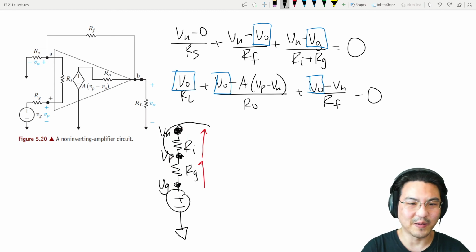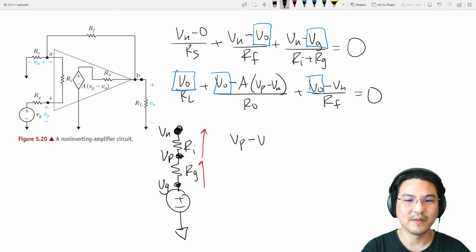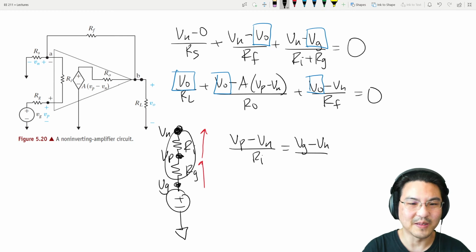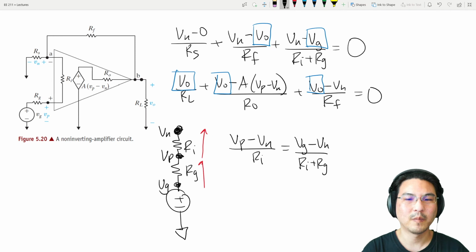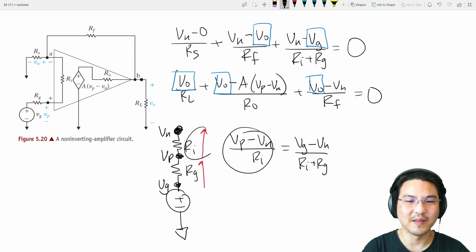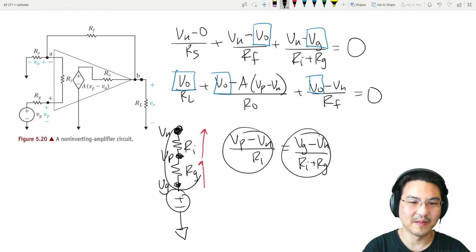So if we just take a look right here, Vp minus Vn over Ri, right, that's the same current as if we just take this whole thing, Vg minus Vn over these two in series, Ri plus Rg. Right? This is the current here. This is the current here.